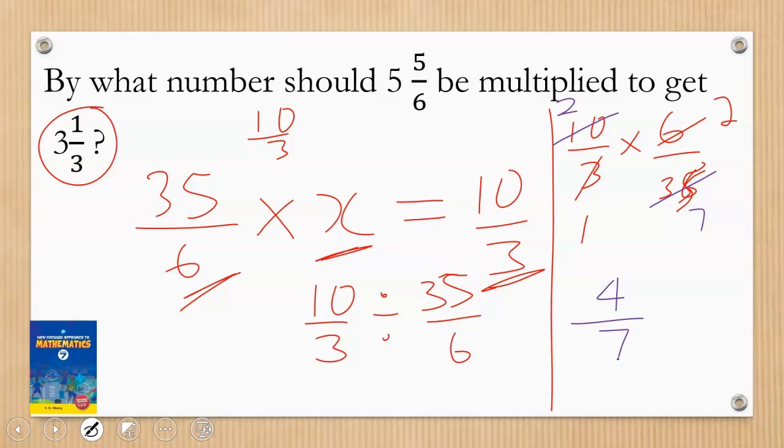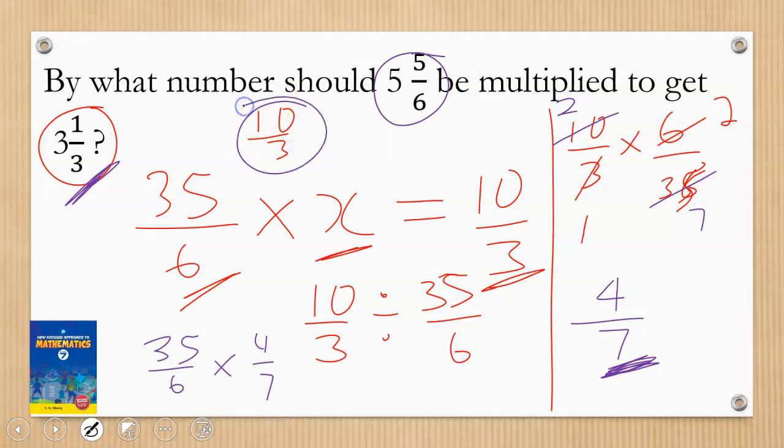That means if we multiply this fraction by this fraction, we'll get that fraction. Maybe we have to verify that and see. Let's see whether it is true that if you multiply 35 over 6 times 4 over 7, it will give us the answer 10 over 3, which is the 3 1/3.